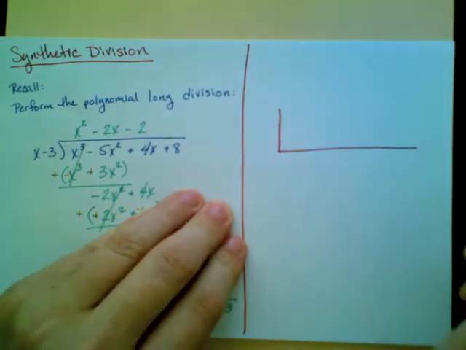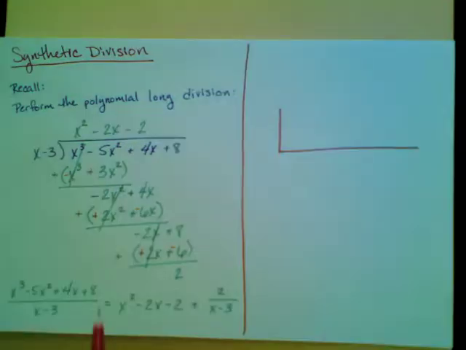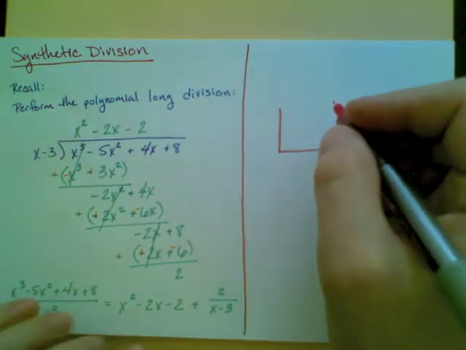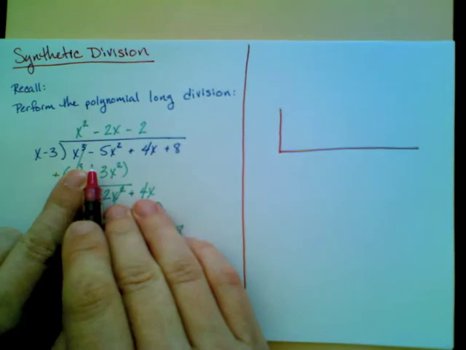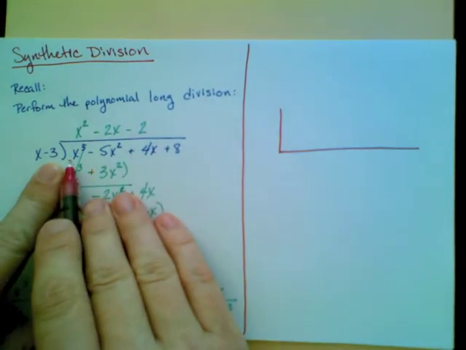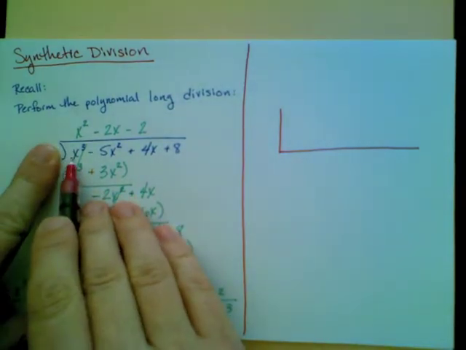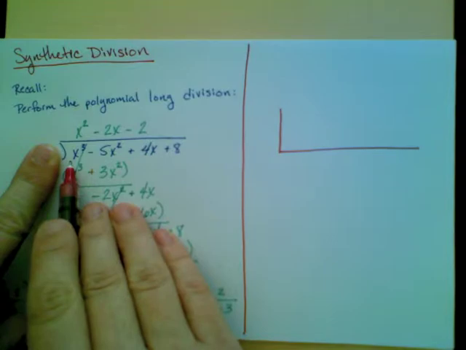Really, what makes the synthetic division so much faster is that you're just not writing everything down. There was a lot of repetition in what we wrote down. We're going to ignore everything except for the coefficients. Notice that this doesn't have an explicit coefficient written, and so that is a coefficient of 1.